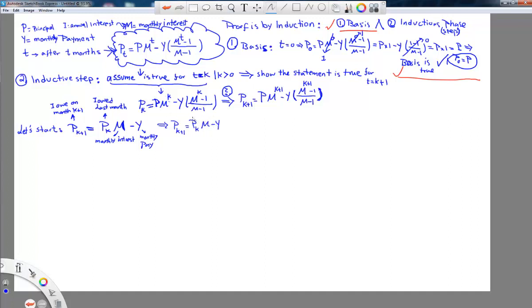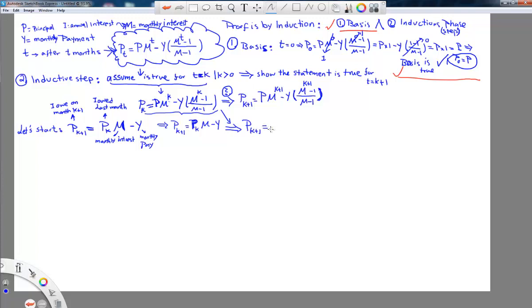Okay, awesome. So now I established how much I owe in month k plus 1. Now from my induction hypothesis, I assume that P sub k is this much, so I'm going to replace P sub k with the amount that I assumed to be true.